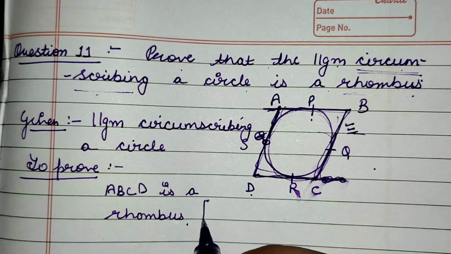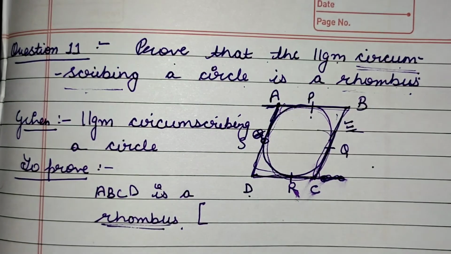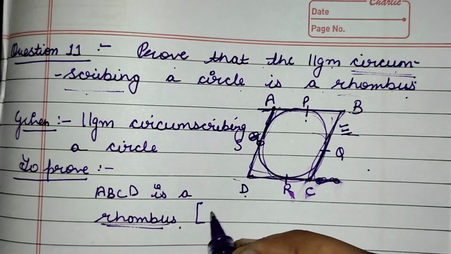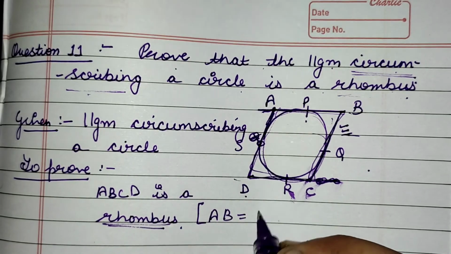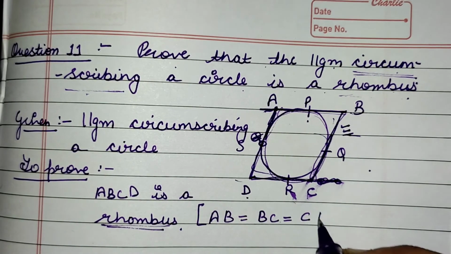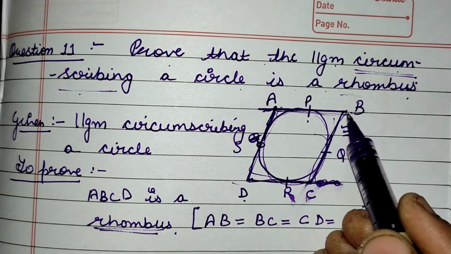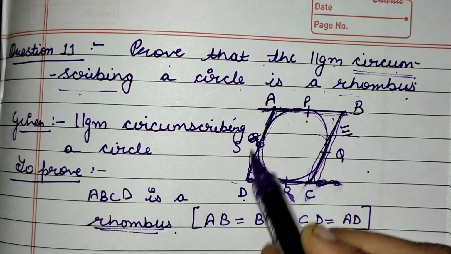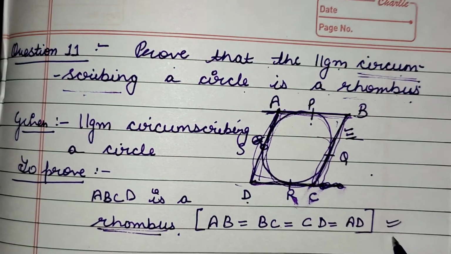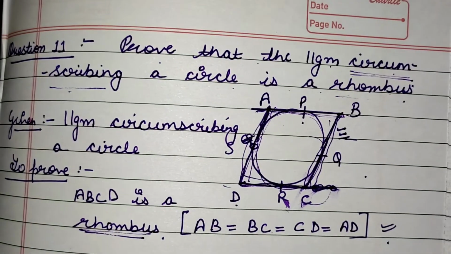What is the property of a rhombus? That all the four sides of the rhombus are equal. That means AB is equal to BC, BC is equal to CD, and CD is equal to AD. If all the four sides AB, BC, CD and AD are equal, then that means the parallelogram is a rhombus.